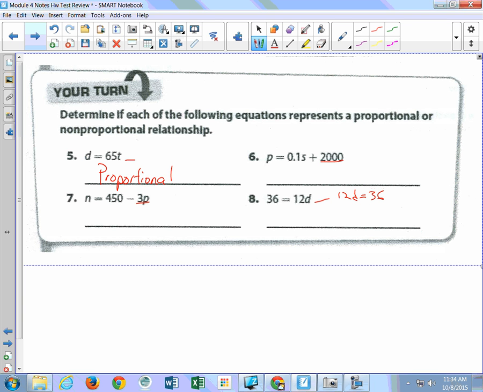Number 6 has a y-intercept that's greater than 0, so it's non-proportional, or not proportional, either or. Okay, and then this one again has a y-intercept, so this is non-proportional.